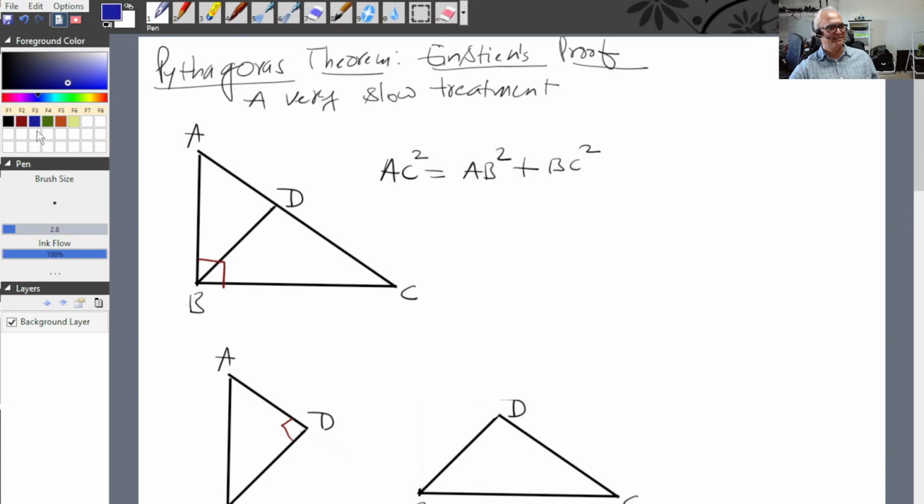And this is A and this is A. And at this time, let me erase the line so that we see things clearly.